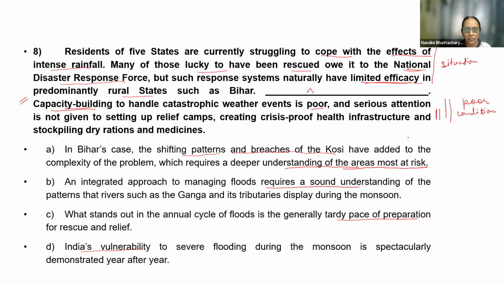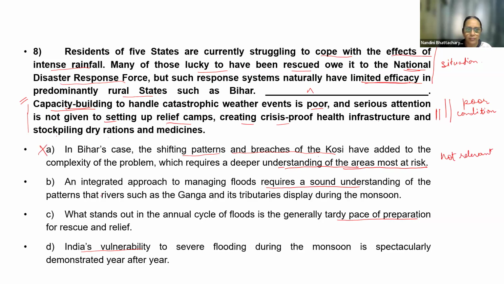It doesn't. Here we are talking about capacity building and the preparedness for making relief camps or creating all these facilities before the flood comes. If we are prepared, we will be in a better situation to handle it. So this is not relevant.